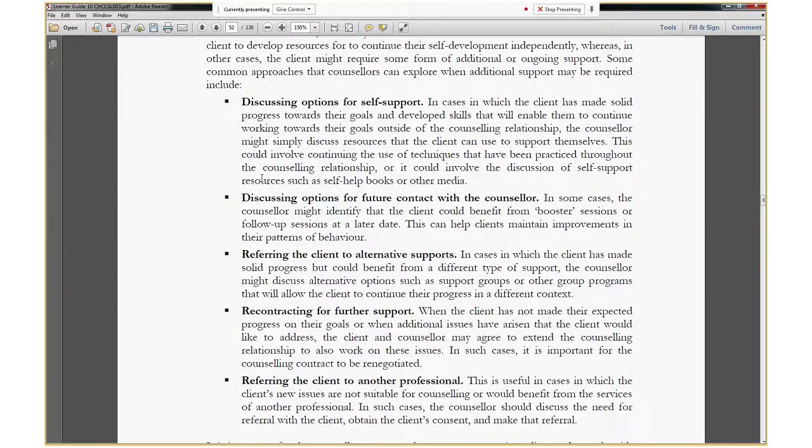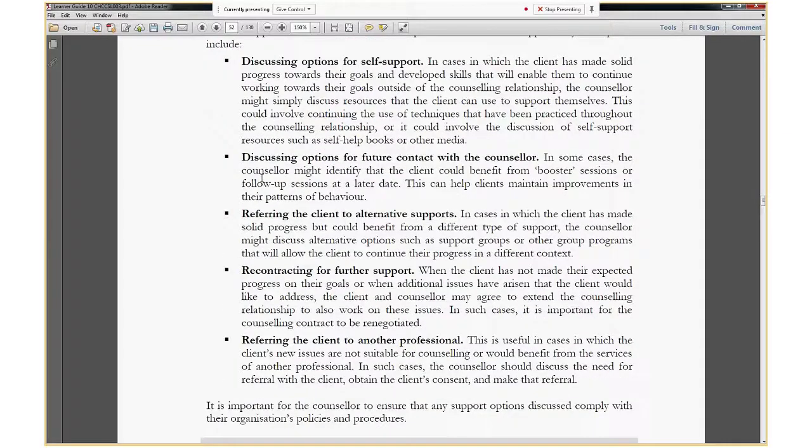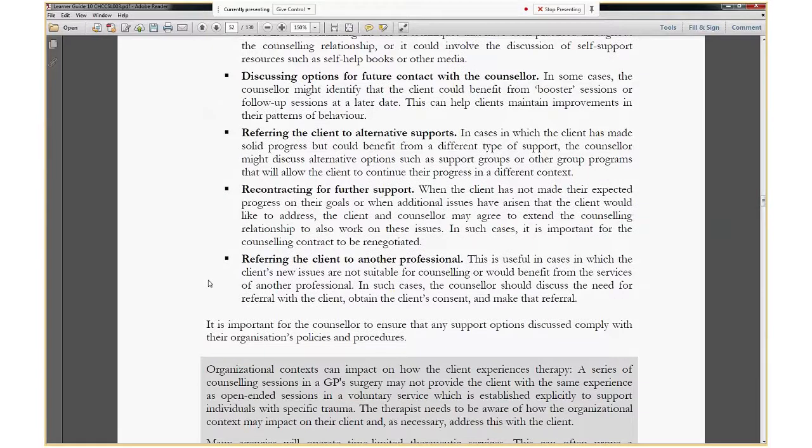You give them some feedback, you give them some information on other support agencies out there, but don't just leave them hanging. When the counselling relationship ends, you want to make sure you put some added value on top of that by making sure that they know they can always come back. And if they don't want to come back to you, always leave on a good note by giving them some extra information that they can take home.